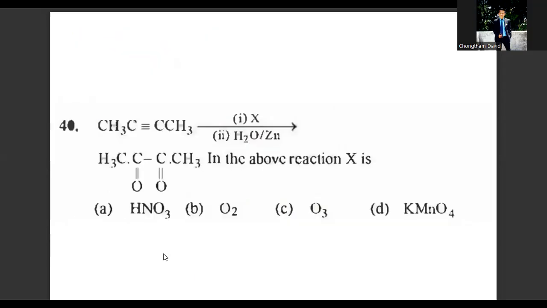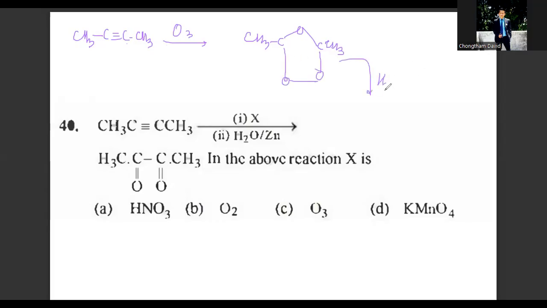Question number 40. So this is about ozonolysis. When this reactant is made to undergo ozonolysis, CH3C, you can name this. This is butane, undergoing ozonolysis, forms ozonide, right?